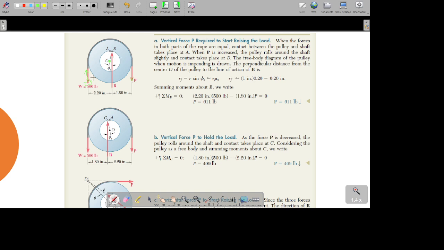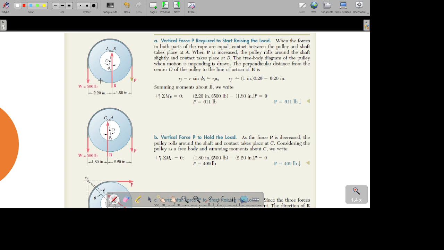Because you are trying to raise the load. But if you try to hold the load, then the direction of the reaction force will shift to the left side. We'll see that. So this will be our diagram.